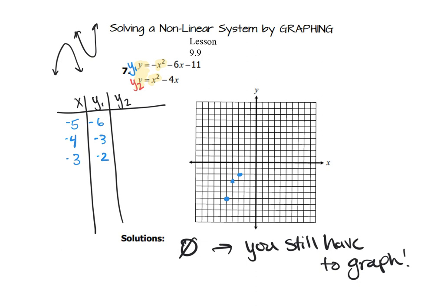And then -2, -3. Okay, so we had our vertex there. We're going back down. And then -1, -6. And that's really all that fits nicely on our 10 by 10 graph. Connect our points. So notice I still graphed it precisely.